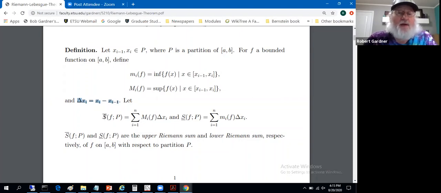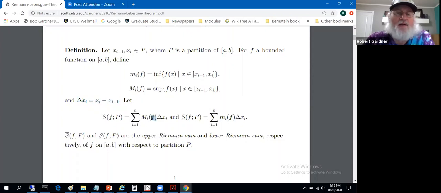So we're defining S overline f semicolon P to be an upper Riemann sum. Upper, so that's why there's an overline. Over here we get an underline when we look at lower Riemann sums. It's a Riemann sum because it's basically base times heights, though the height is taking a touch more abstract role here.